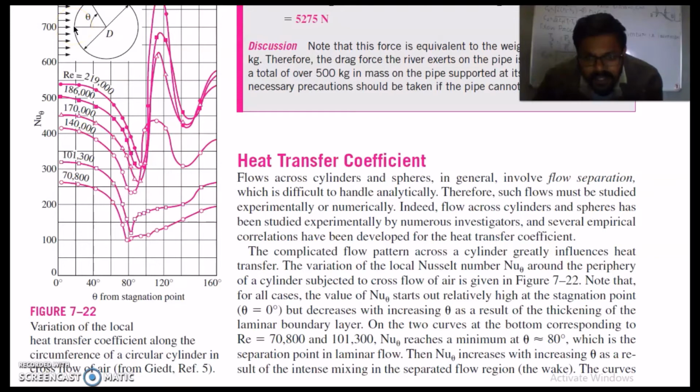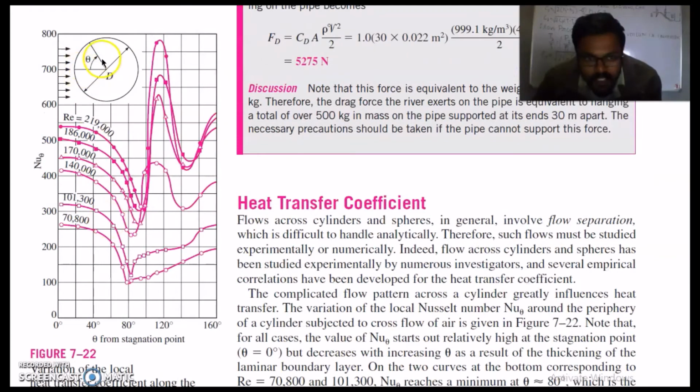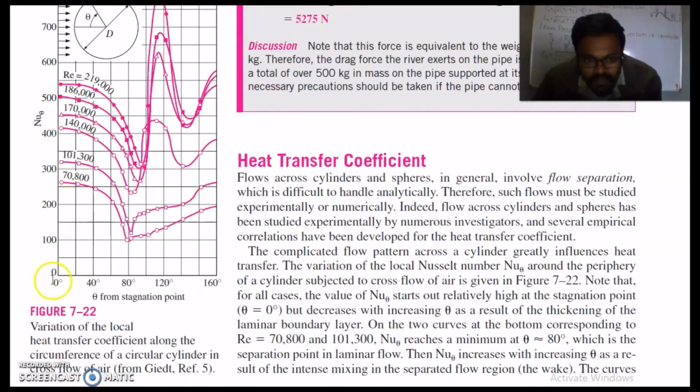But it decreases with the increase in theta. So at this point your Nusselt number is maximum, and it will decrease with the increasing value of theta. At the stagnation point your theta is 0, and as you go along this direction your theta will increase.